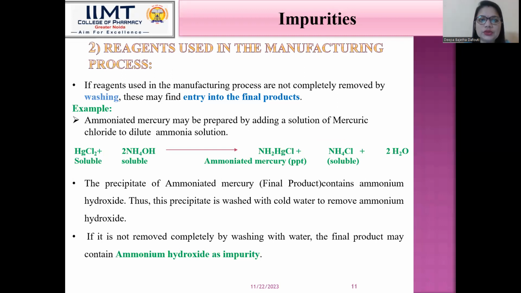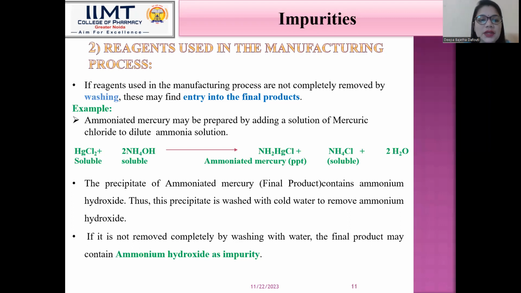Second is reagents used in the manufacturing process. If reagents used in the manufacturing process are not completely removed by washing, these may find entry into the final products. So proper washing of reagents is very important during the manufacturing process. Example, ammoniated mercury may be prepared by the addition of a solution of mercuric chloride to dilute ammonia solution. The precipitate of ammoniated mercury, that is the final product, contains ammonium hydroxide.